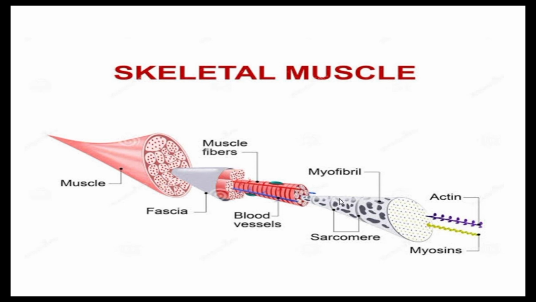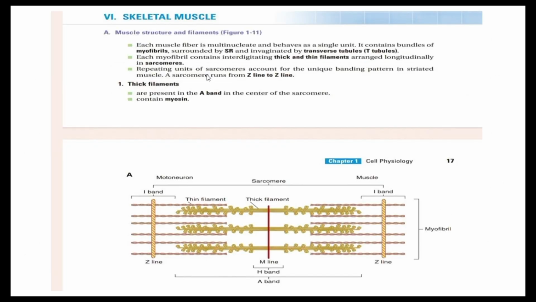And this is the diagrammatic representation of one myofibril, that it contains the contractile proteins, the actin and myosin, which are arranged in basic units known as sarcomere. And this sarcomere is the fundamental contractile unit of the muscle fiber.